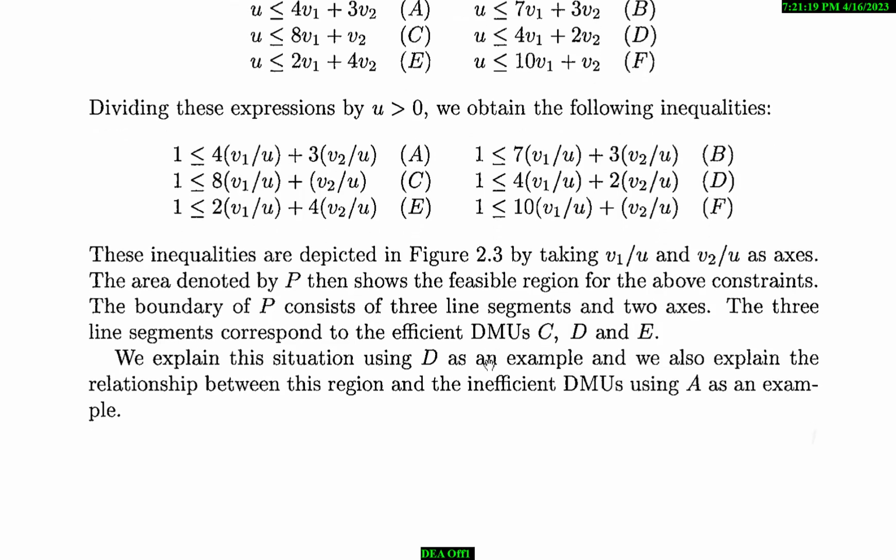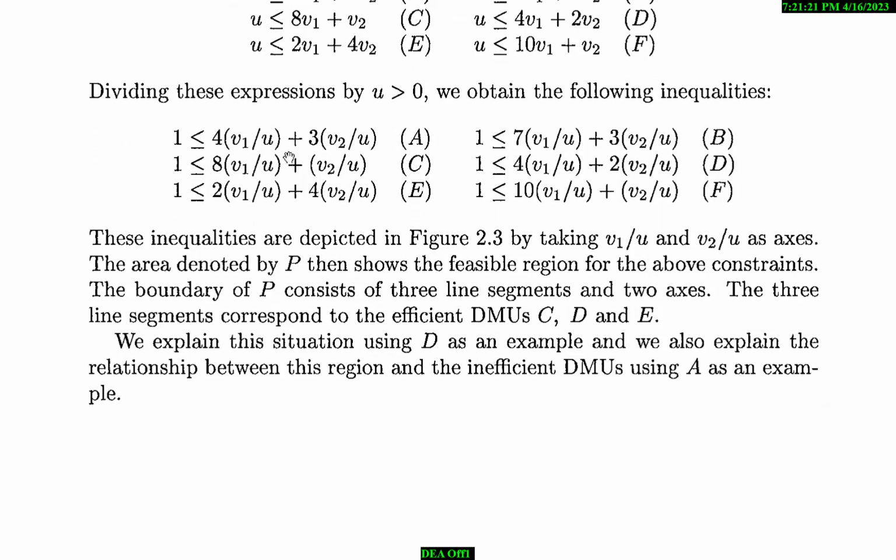For example, for the first constraint, we first put 4 multiplied by the first variable plus 3 multiplied by the second one equal to 1.